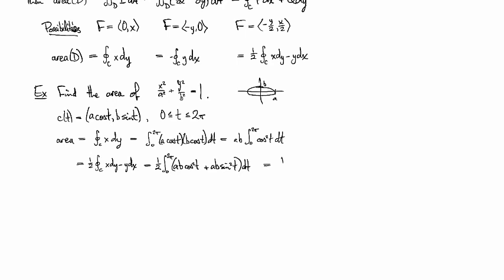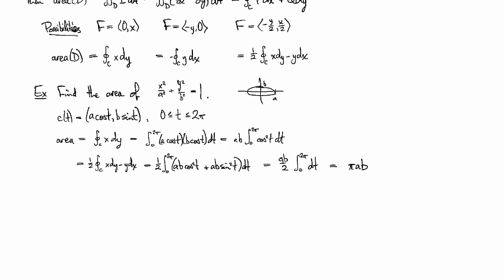So this is just ab over 2 times the integral of 1 with respect to dt. And so that just gives me pi times ab.